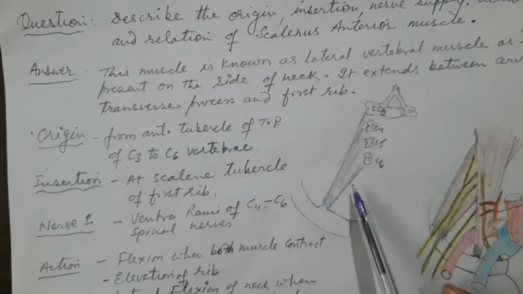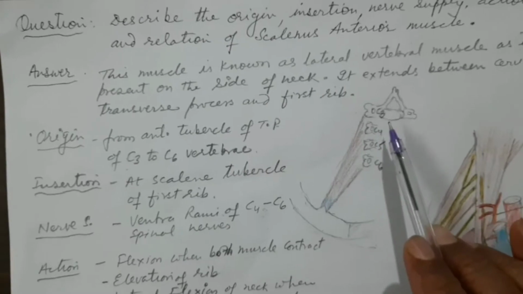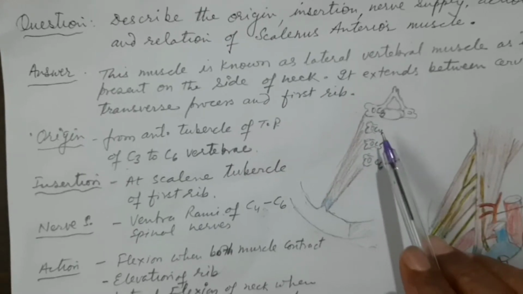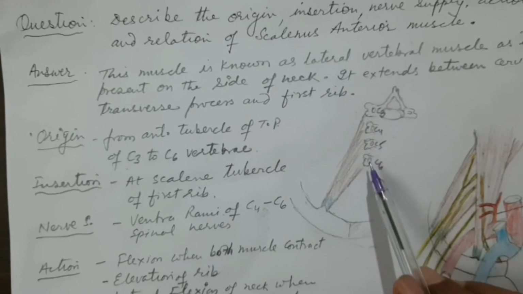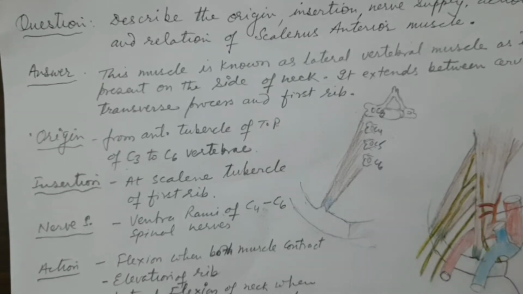Now, if the muscle is acting from the origin side on both sides, that is between C3 and C6 cervical vertebrae, here the origin is fixed, then it will pull the first rib towards the origin, that means towards the vertebral column. So both ribs will be elevated, and this is just the reverse of the flexion of the cervical column. So it is an elevator of the first rib.